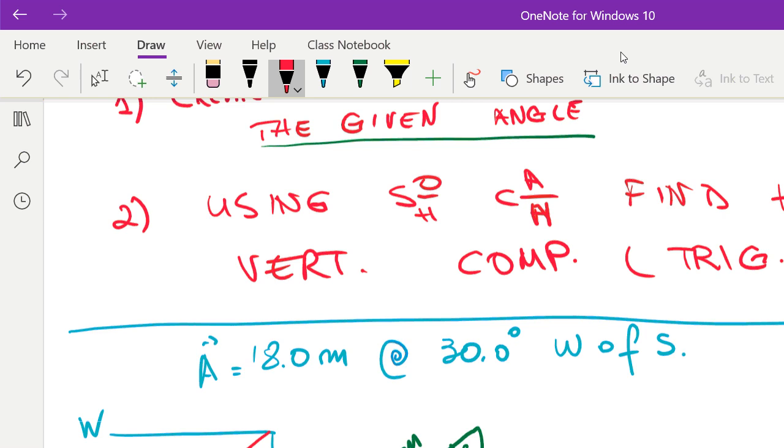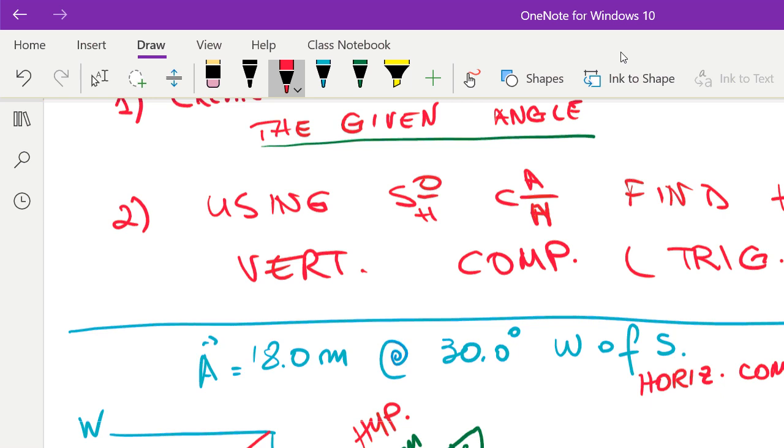If we are finding the horizontal component, it is actually the opposite of the 30-degree angle, and the 18, which is the magnitude, is the hypotenuse. So what is the trig ratio that relates the opposite and hypotenuse? We will use SOHCAHTOA.